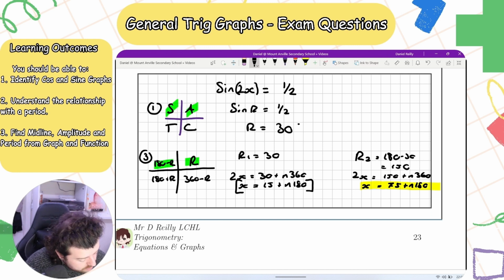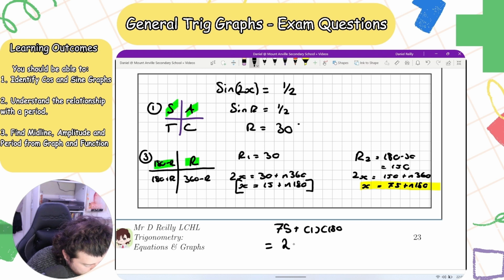So when n is equal to 1, I'm going to have 75 plus 1 times 180, which is equal to 255. Convert that to radians.